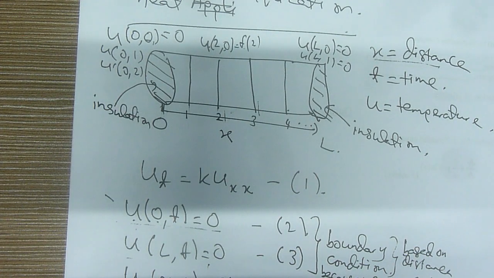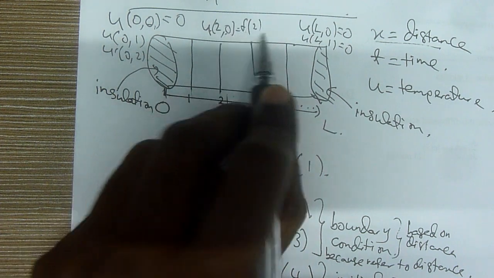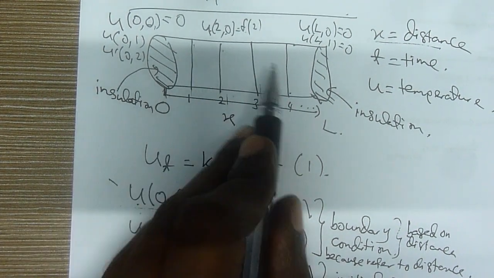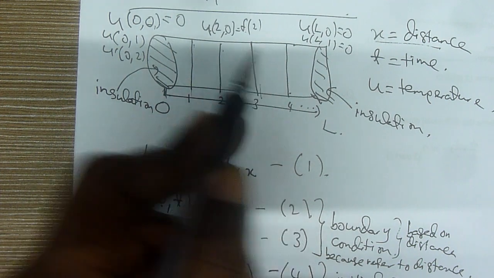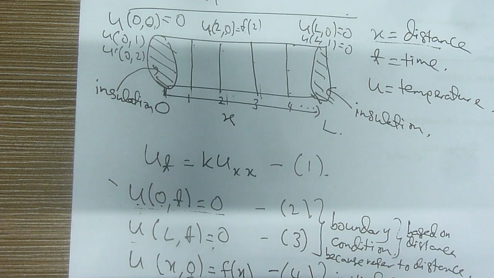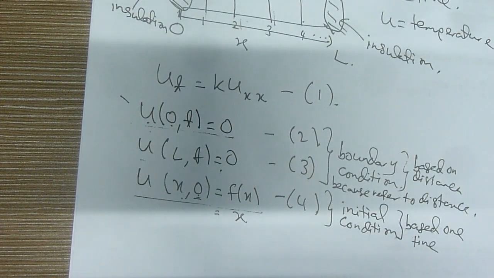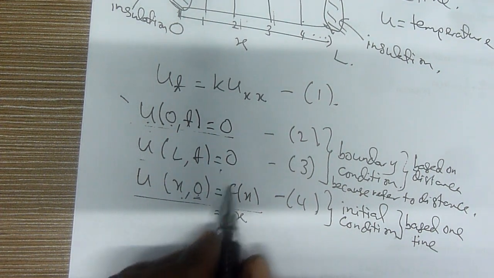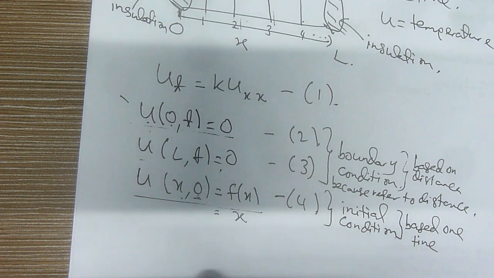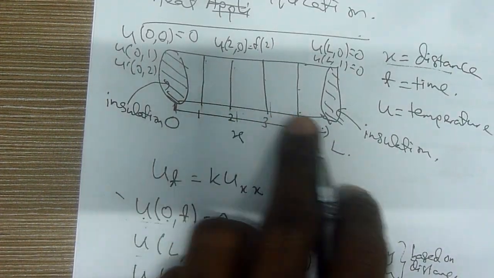Let's say f(x) is x. That means the temperature over here is 2, here it becomes 1, here 3, here 4. If I assume f(x) is x, then now I hope that you got it right.